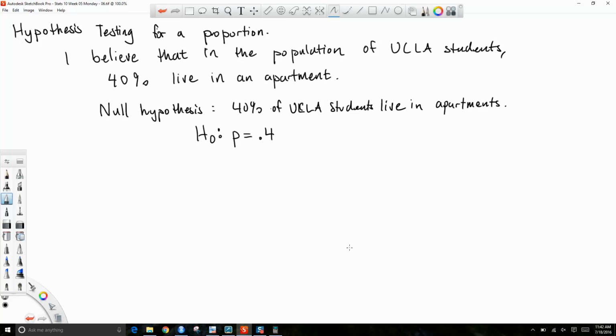Is that okay? All right. And then our alternative hypothesis will just be that the number 40% is wrong, okay? So say a different percentage, something other than 40% live in apartments.